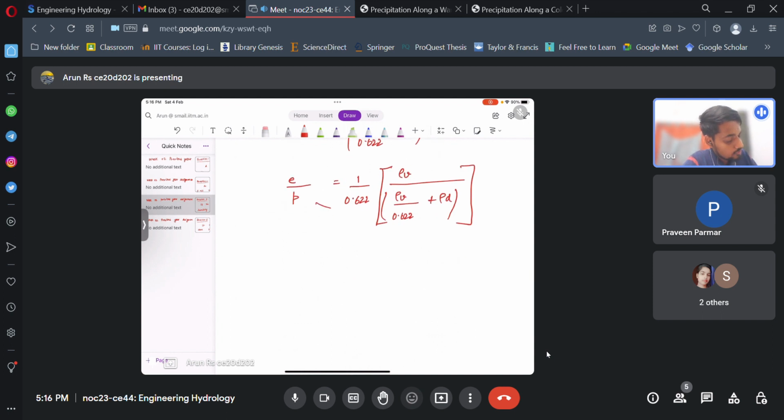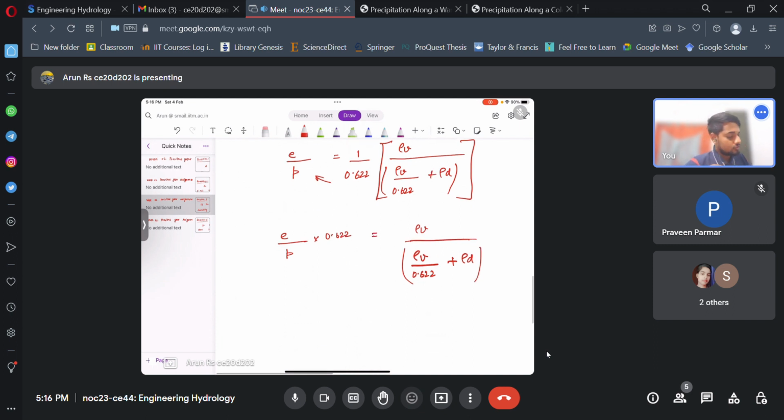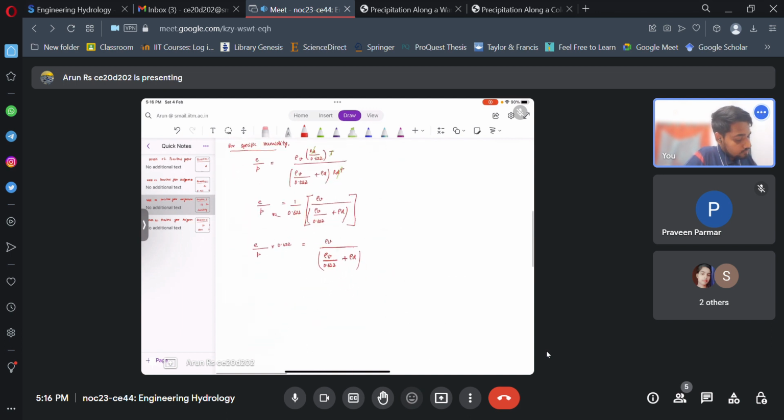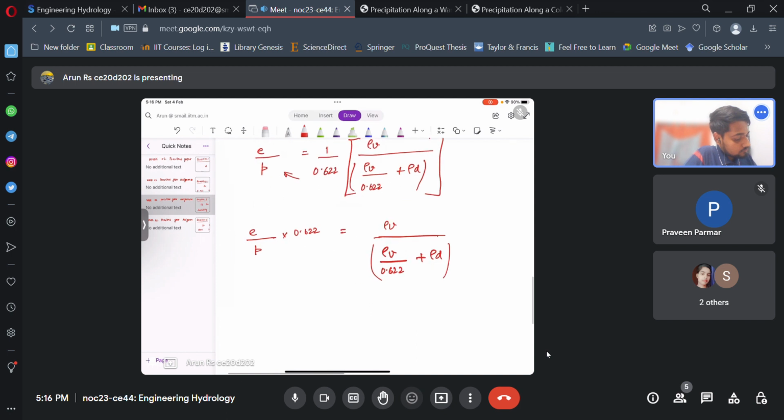So now I am bringing this to the left hand side. Now this term is a very small value and we can neglect it.